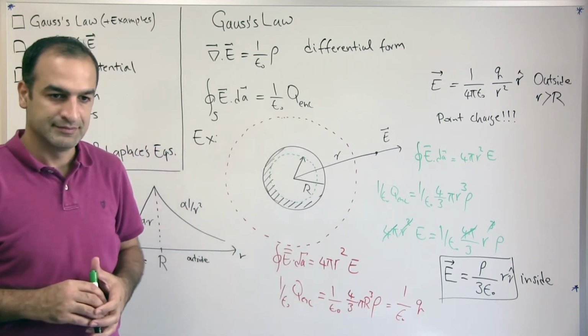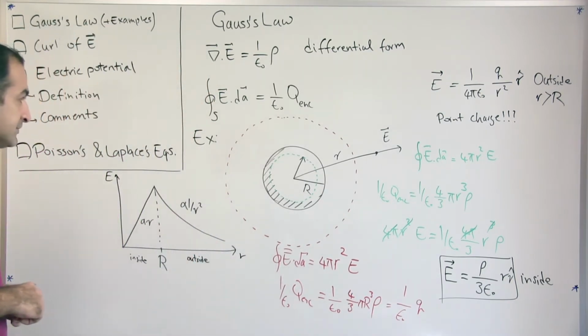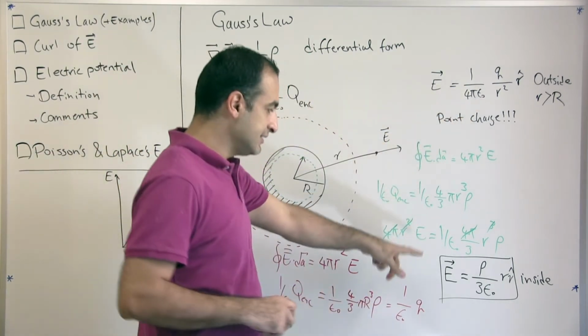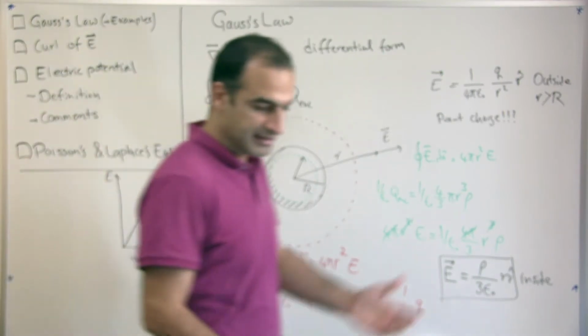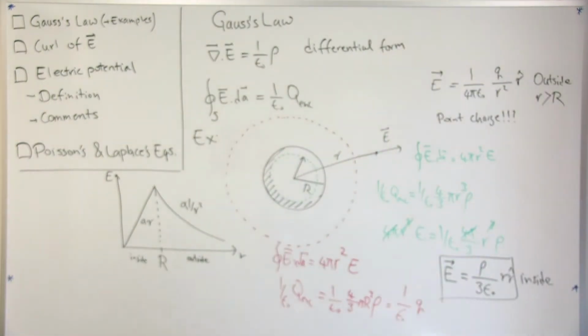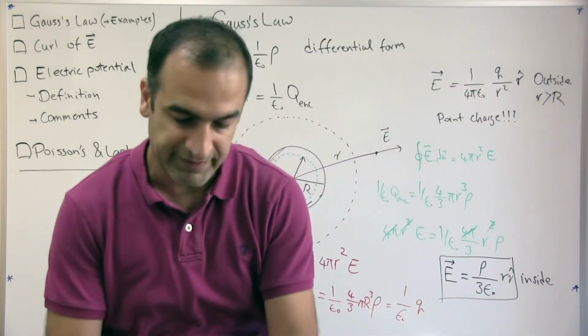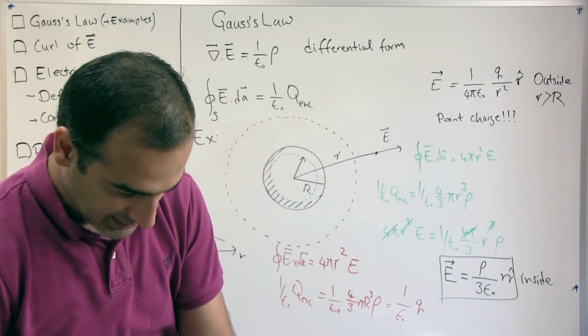What example is this in the book? The example of the book only calculates outside. I added inside myself and this curve myself. Okay, I can bring the book and see which example that is. I think there's a section under the name of application of the Gauss law.